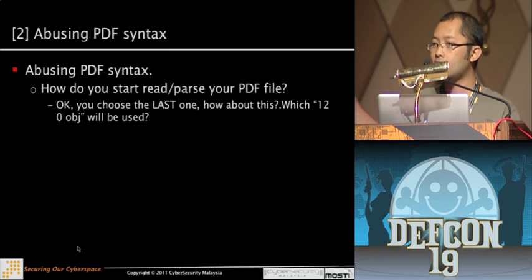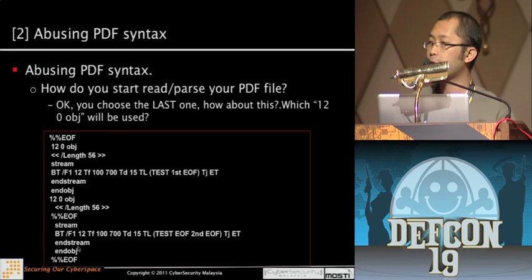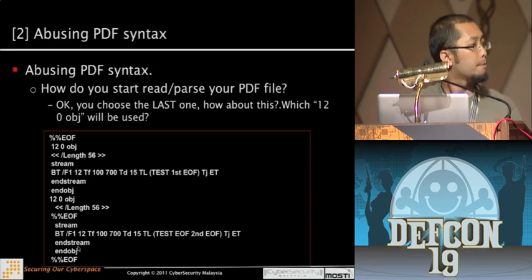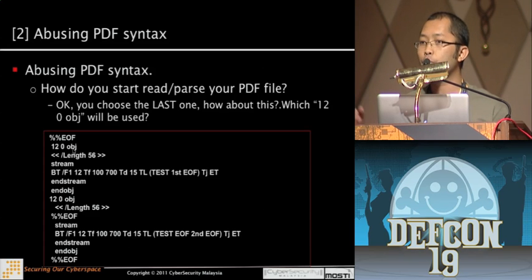If you choose the last one in the xref table, and take a look at object 12, in this xref you have multiple object declarations for object 12. For example, you have 1, you have 2 here.